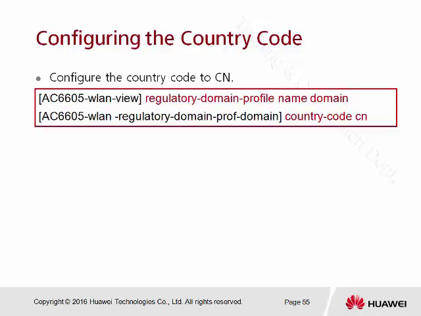So inside the WLAN view, every single profile for the first time, we need to give a name. So right here, they use the name for this regulatory domain profile, they call it domain. After accessing this profile, they're going to select the country code as CN, or CN stands for China.